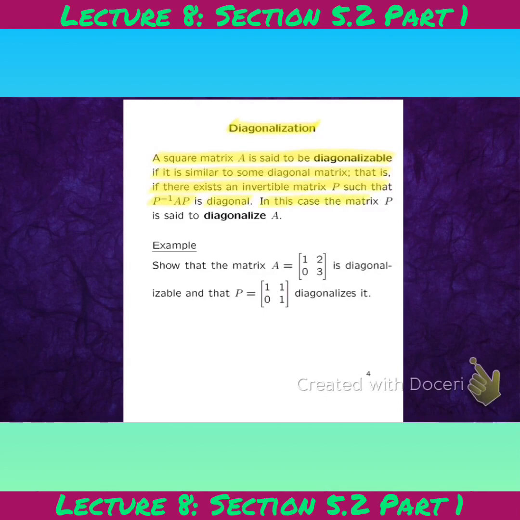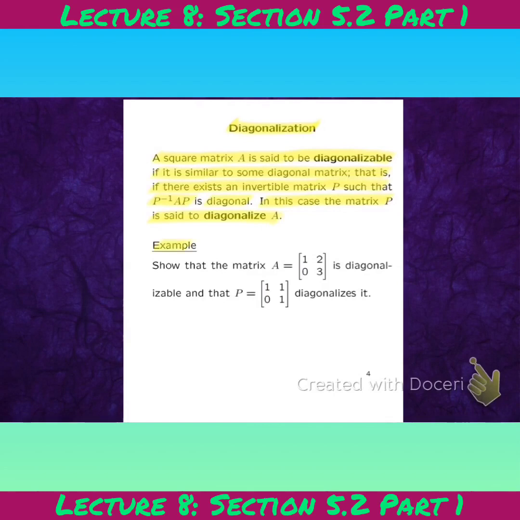And in this case, the matrix P is said to diagonalize A. Now, obviously, it's not always possible to diagonalize a matrix. There are some conditions that need to hold for it to be possible.